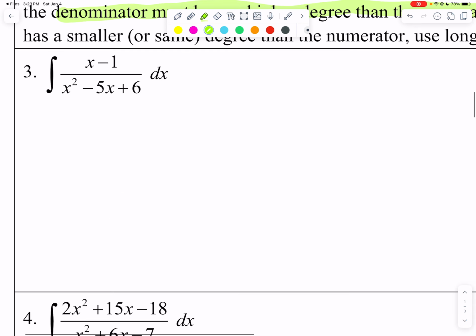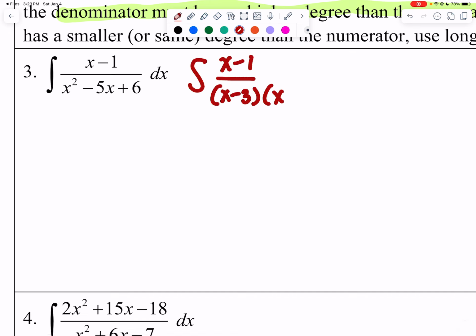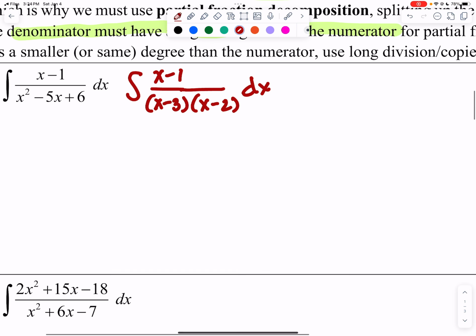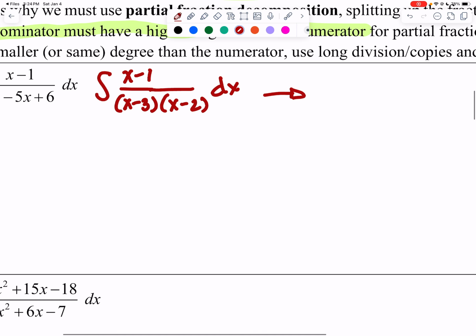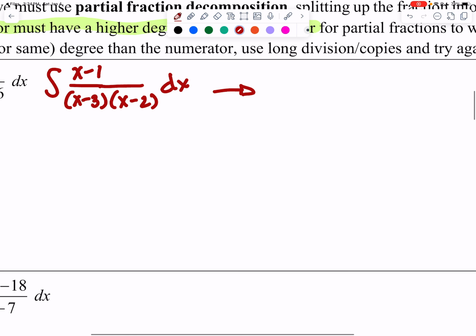What I'm going to do is go ahead and break up the denominator so that it is x minus 3 and x minus 2 dx. And then what I'm going to say here is, because I want to break this up into 2 rational functions, I'm going to have A over x minus 3 plus B over x minus 2.